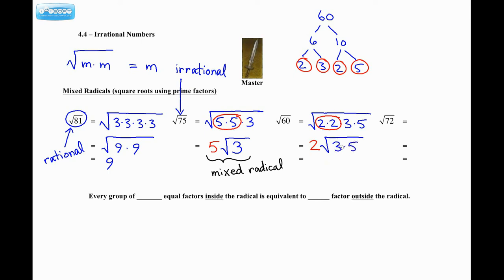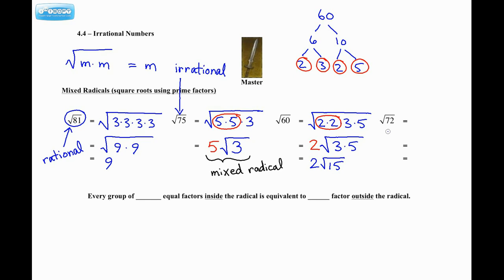Because I can't do anything with these, I'll combine them again. 3 times 5 is 15. So I read this, meaning I pronounce it, as 2 root 15. But it is understood as 2 times the square root of 15. So this radical, the radicand being 60, I've reduced it as much as possible. This is as small as I can go.